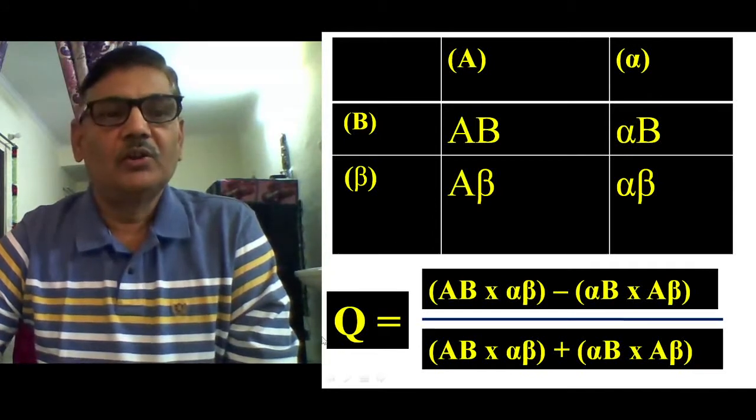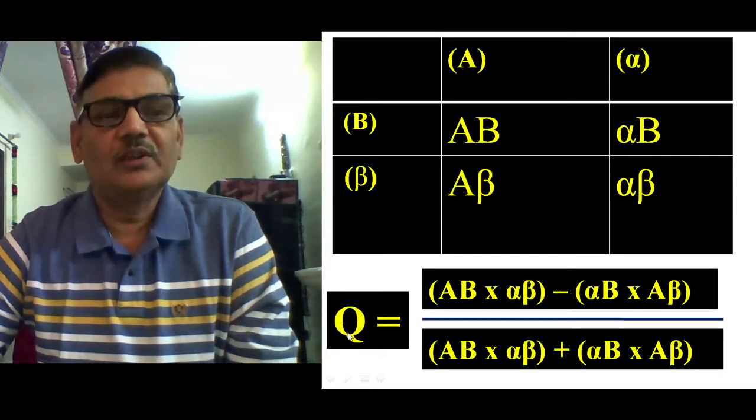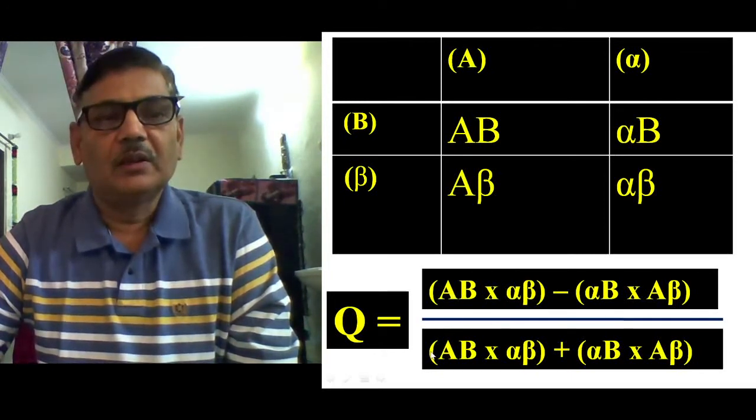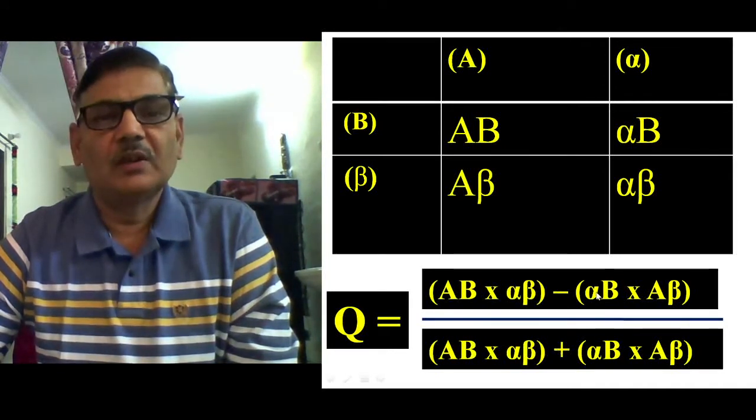And the formula which we apply, this Yule's coefficient of association is indicated by Q. And this Q is equal to AB into alpha beta, minus alpha B into A beta, divided by AB into alpha beta plus alpha B into A beta. So this formula is used to calculate the Q value.